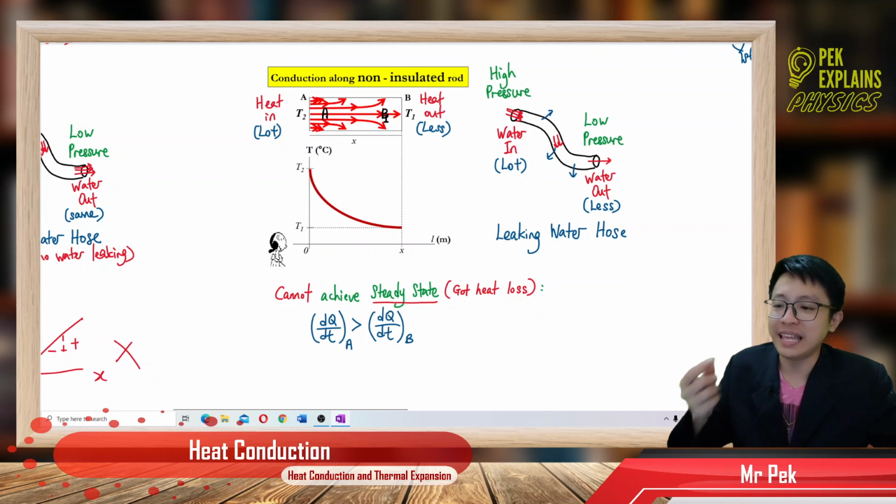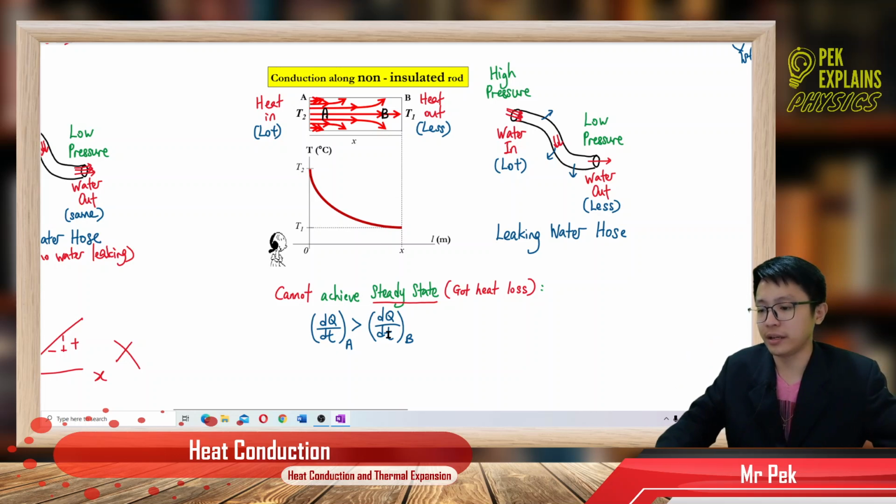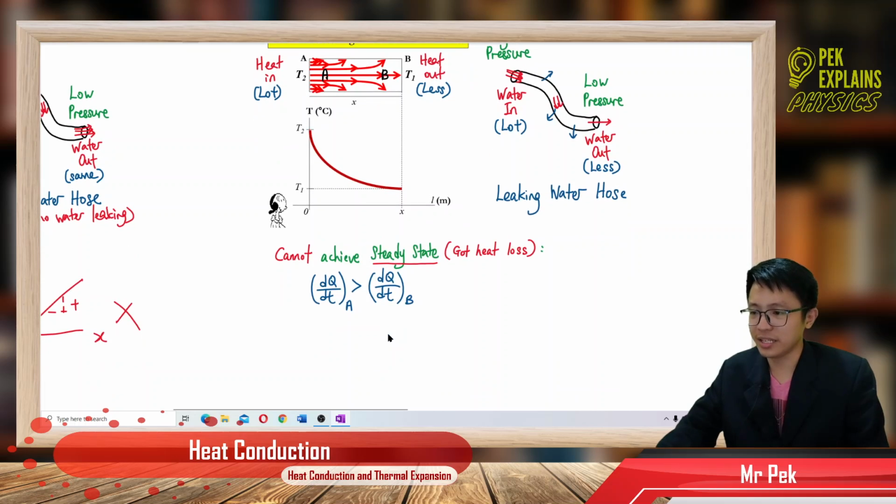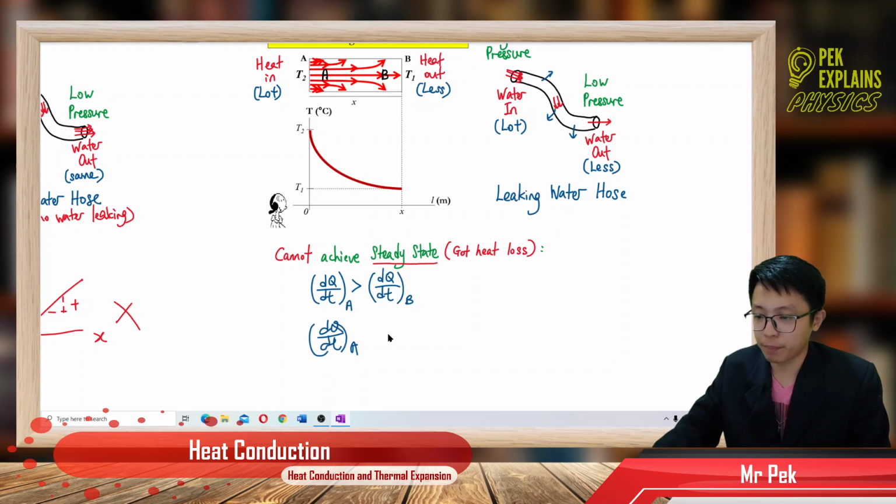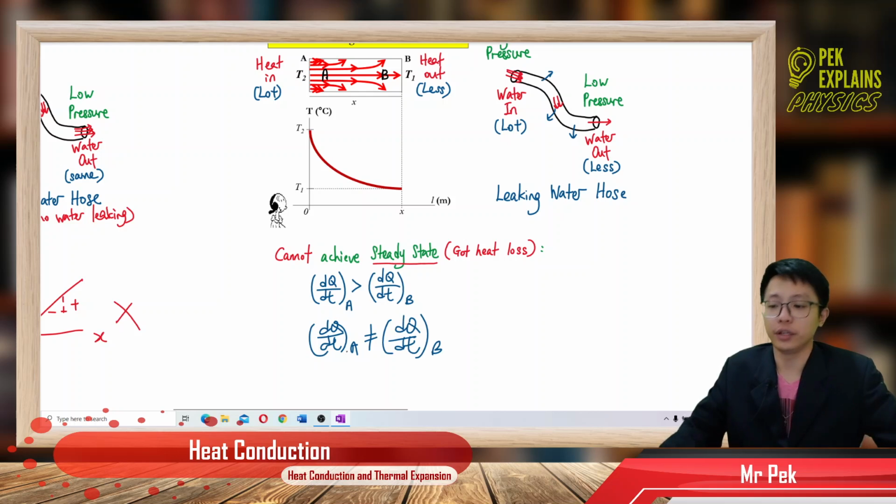Here, less heat flow. So they are not equal. Or just simply write the rate of heat flow at part A is not equal to the rate of heat flow at part B.